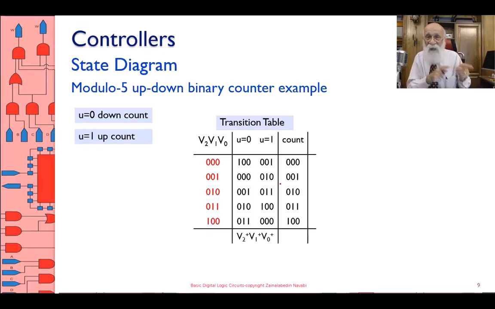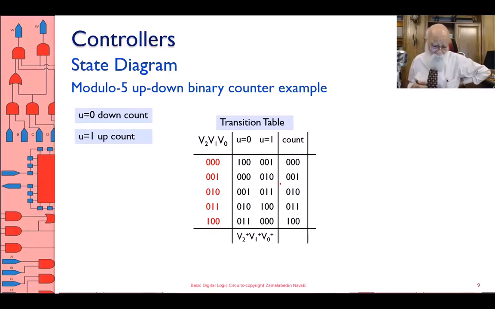It's an up-down counter. It doesn't always count in the increasing order. Sometimes it counts in the decreasing order. Therefore, going from one state to the next requires looking at certain input conditions. This is something you did not have in the previous state diagram.